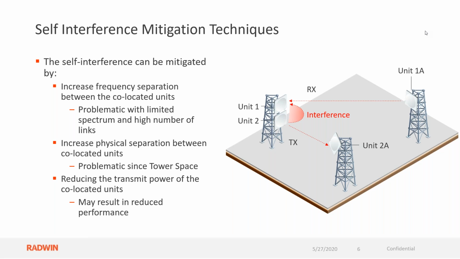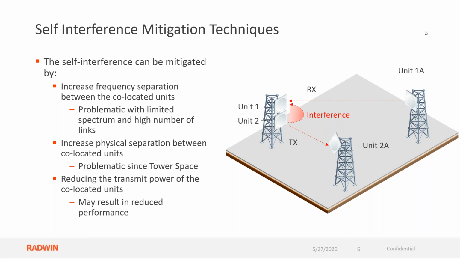So we are limited to a very narrow channel bandwidth, because of the licensed or unlicensed band, and we are limited to a chunk of frequency. The problem is limited spectrum and a high number of links; we don't have enough spectrum.